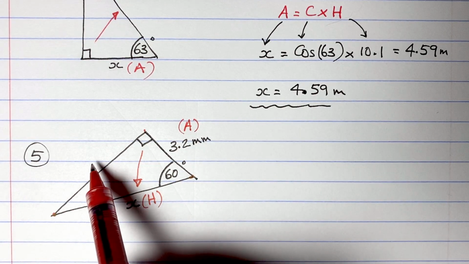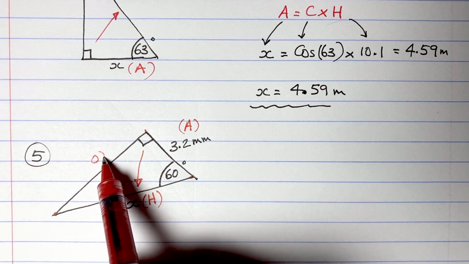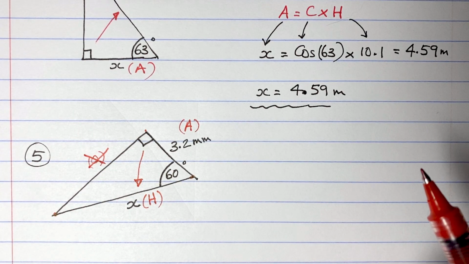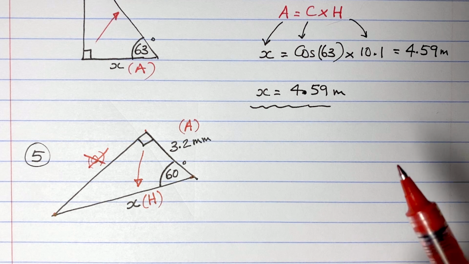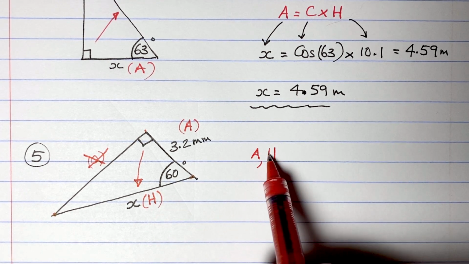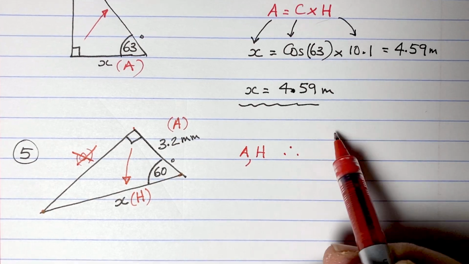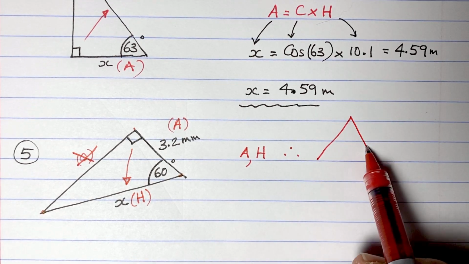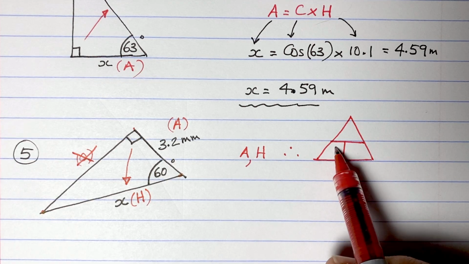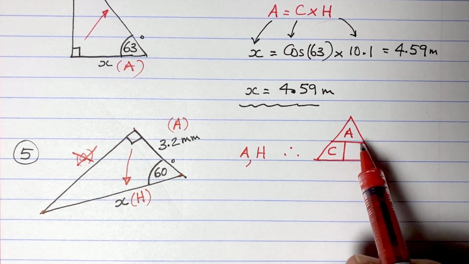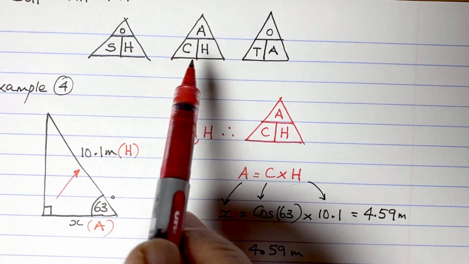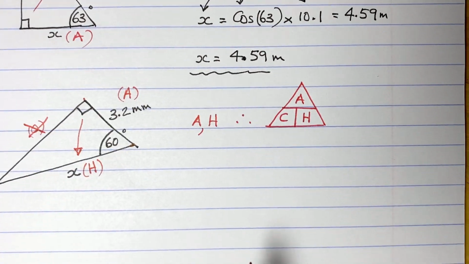I've seen some teachers actually mark it and then cross it out, whichever is comfortable or easier for you. So we have A and H involved together. That indicates that I'm looking for triangle CAH. Because A and H come in the CAH triangle.